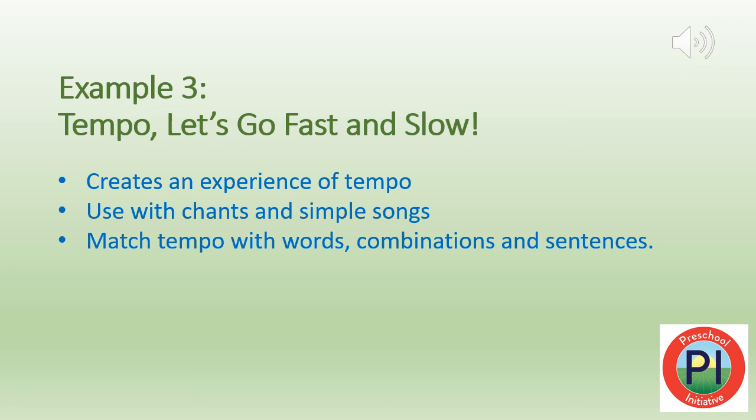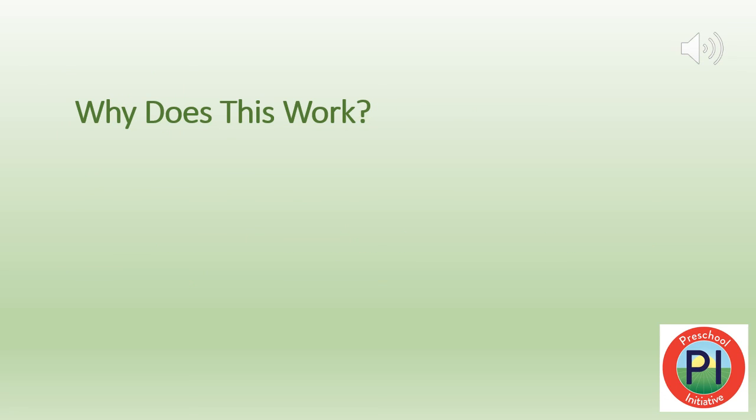combination, or a sentence. You can have the children compare fast and slow, moving from fast to slow and slow to fast. Or follow you or each other, trying fast and slow. Why does this work?